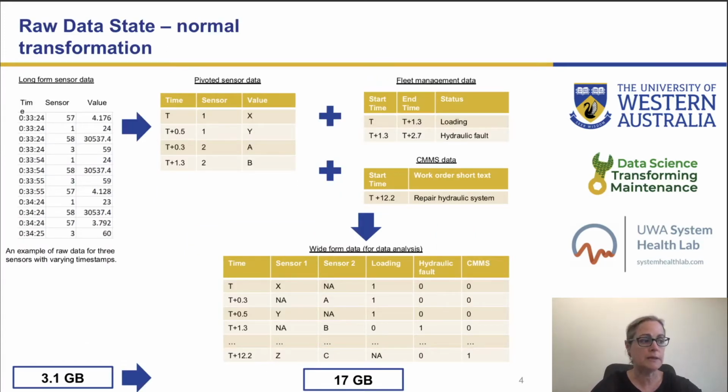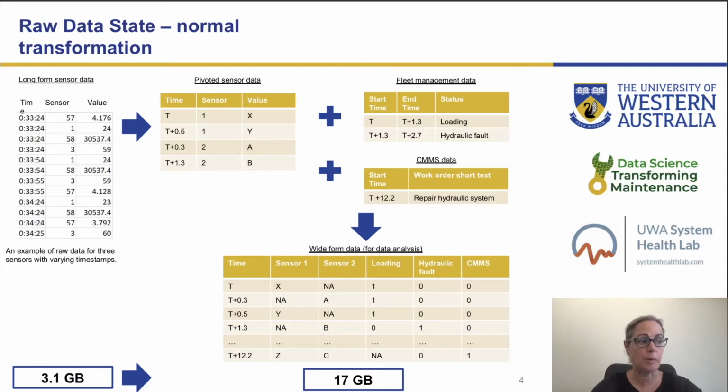We're going to spend a bit of time describing the data. The structure of the sensor data in its original form is known as long-form data. This is shown in a table on the left. As you can see, there is a column displaying timestamps and a key column to identify the sensor each row refers to, and then a third column specifying the value for that sensor at a specified time.